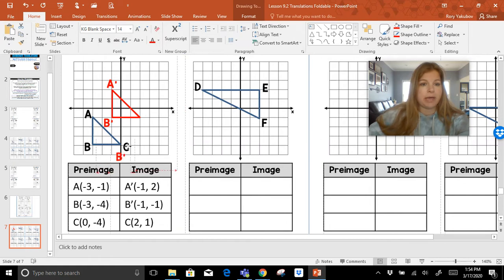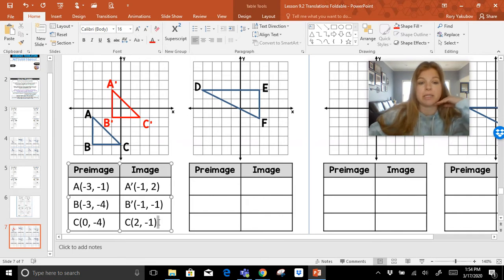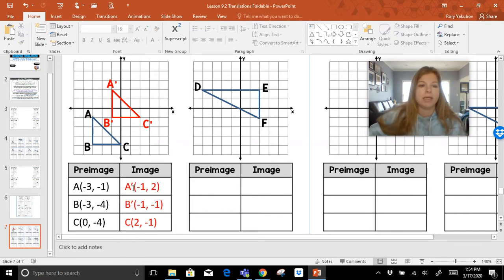And my C prime is at 2, -1. My apologies on that. Okay, add 2, add 3, add 2, add 3, add 2, add 3.